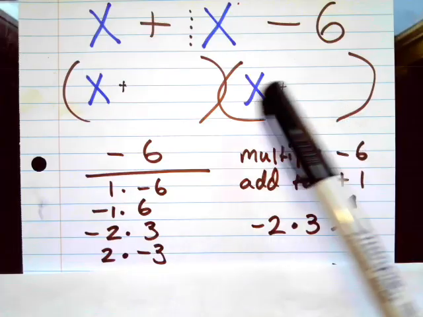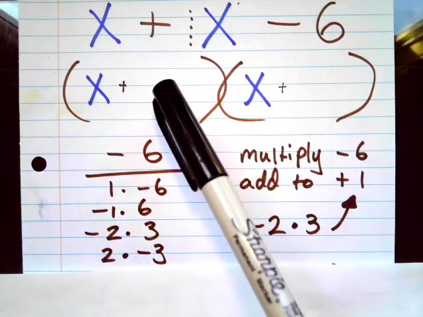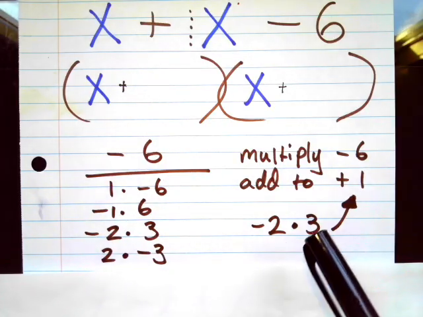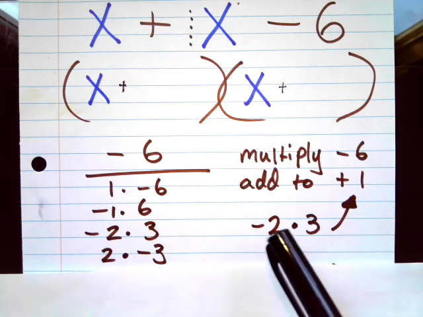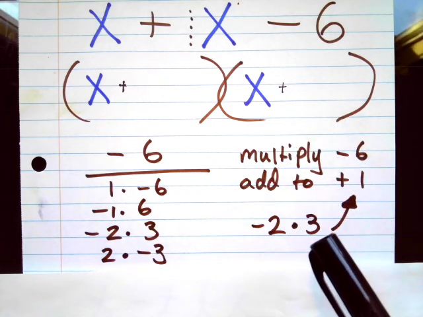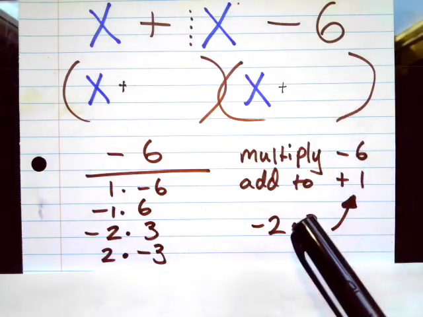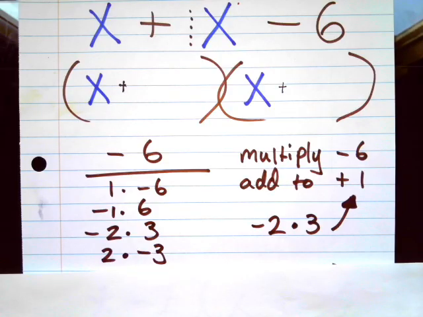So the terms I'm going to place inside my parentheses are going to be x minus 2, or I could put x plus 3, or I could put x plus a negative 2 here, or an x plus a positive 3 here. Wherever the 3 goes, the negative 2 has to go in the other set of parentheses.